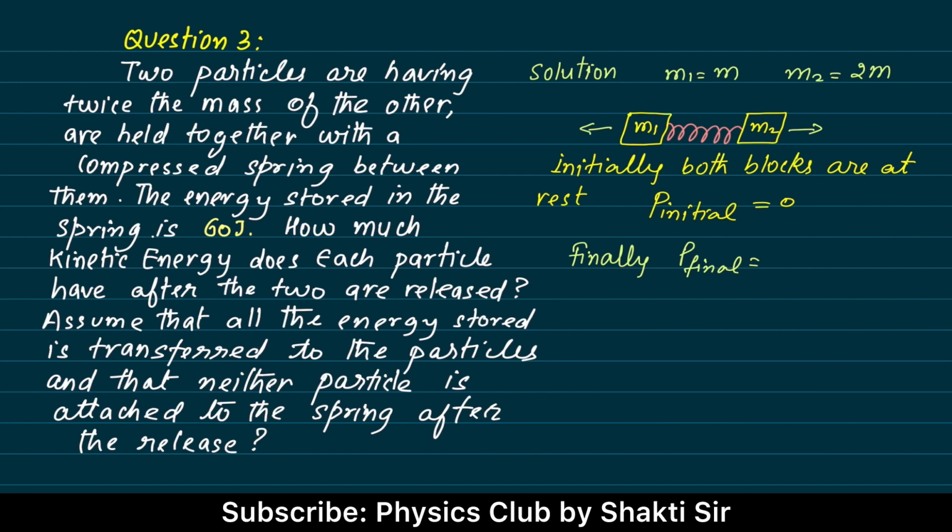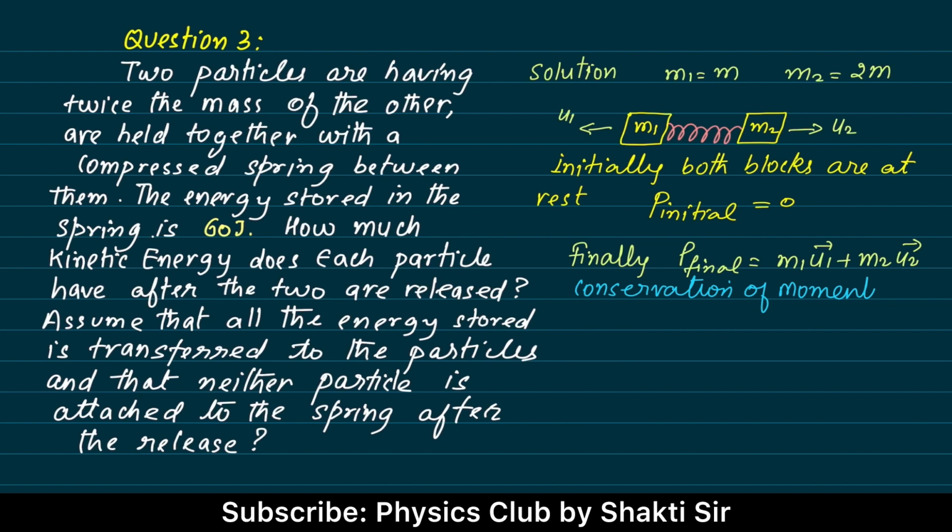Once you apply the conservation of momentum, you get initial momentum equal to 0 and final momentum equal to m1 u1 vector plus m2 u2 vector. So m1 u1 vector is equal to negative of m2 u2 vector.